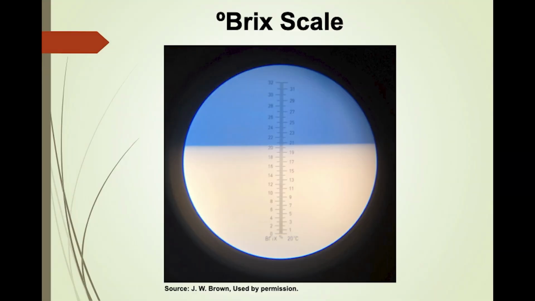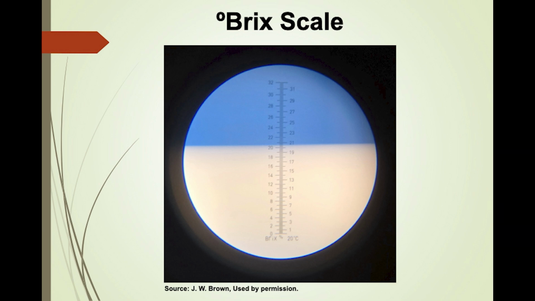When you look through the eyepiece, this is what you will see. There's a blue zone and a clear zone, and depending on the concentration of total soluble solids in the liquid, the interface between the blue and the clear zones will move up or down the Brix scale.